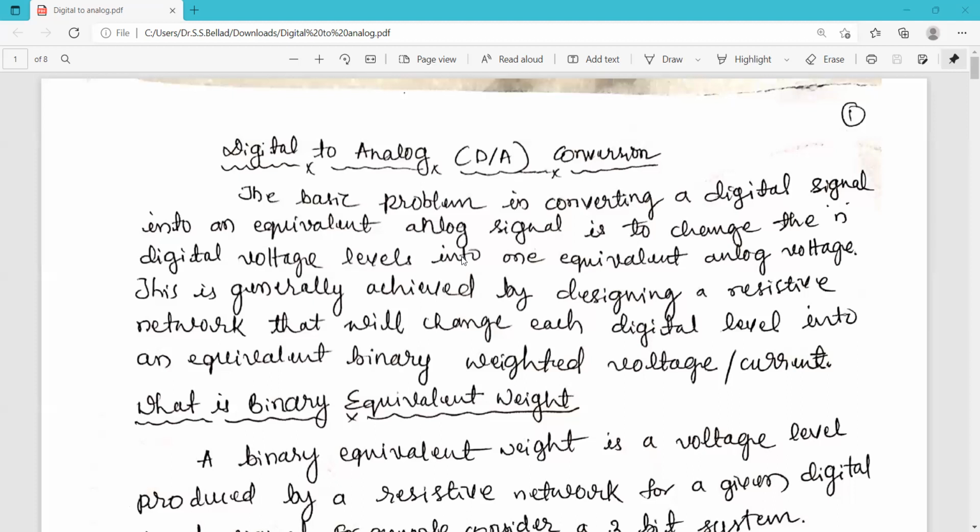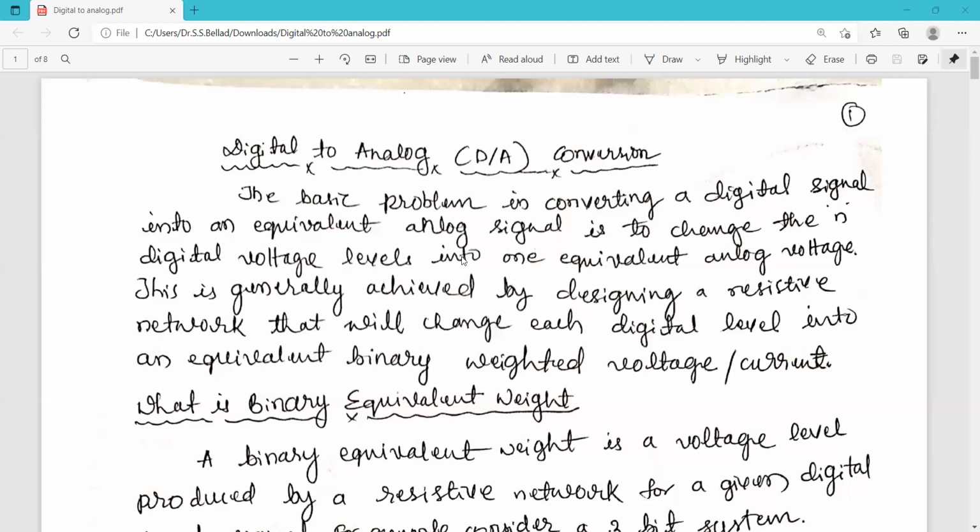So this is just an example. There are many devices which need only the analog signal. So that is why, if the signal is in a digital form, it will have to be converted into the analog form.